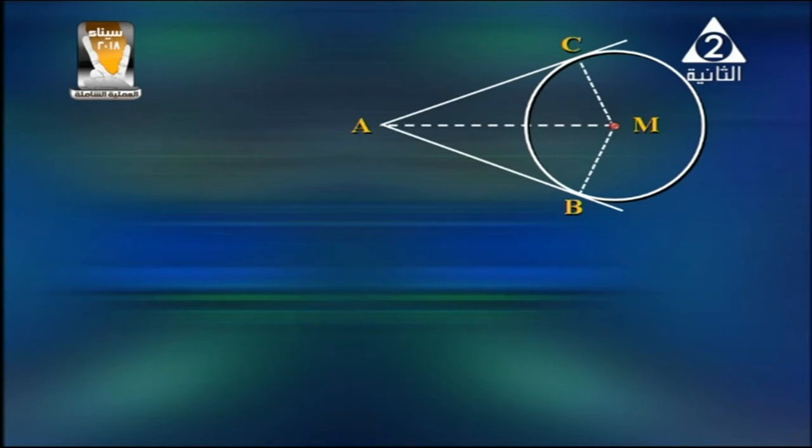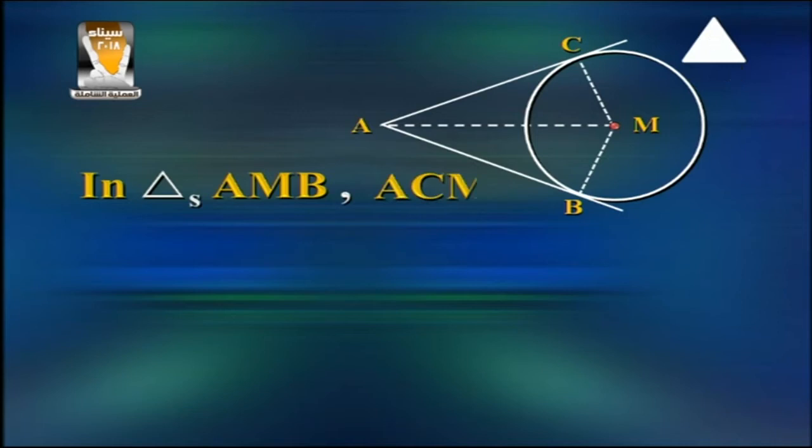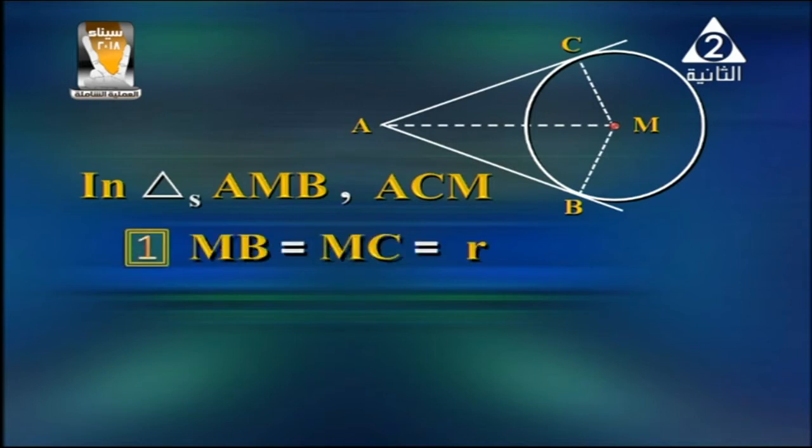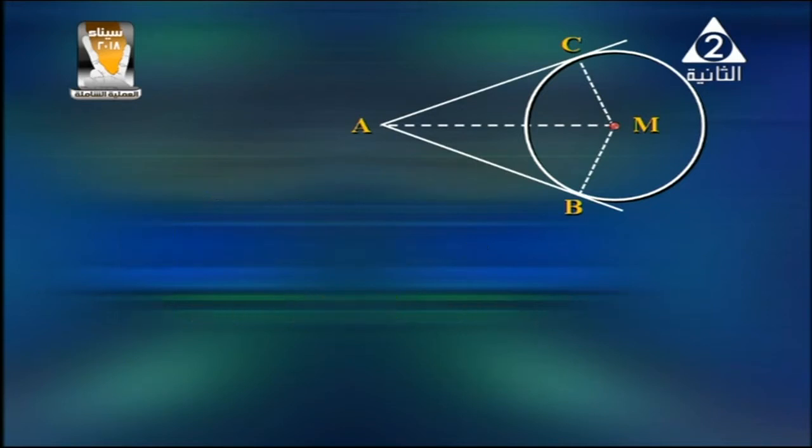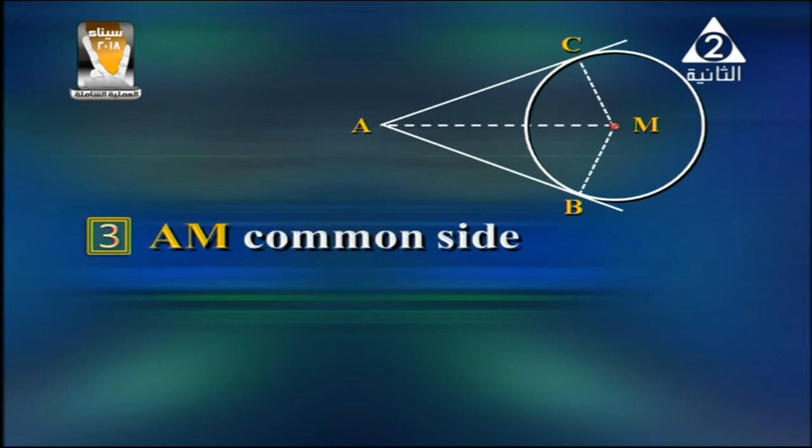In triangles ABM and ACM, you are going to notice that MB equals MC equals radius, measure angle MBA equals measure angle MCA equals 90 degrees, and AM is a common side of the two triangles. So we can say that the two triangles are congruent.